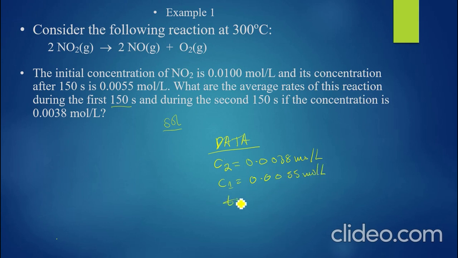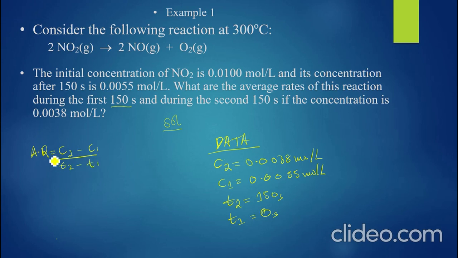And then our final time is 150 after another 150, and our initial time is t1. Let's use the same formula. The average rate is equal to C2 minus C1 over T2 minus T1.